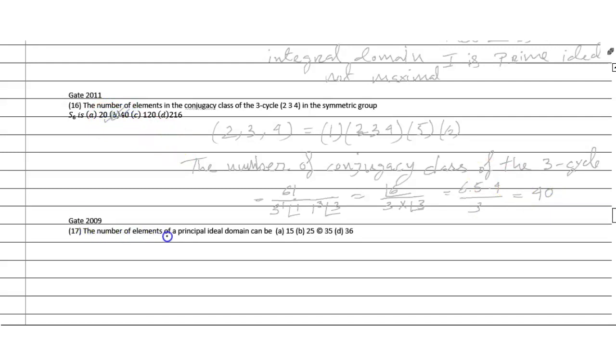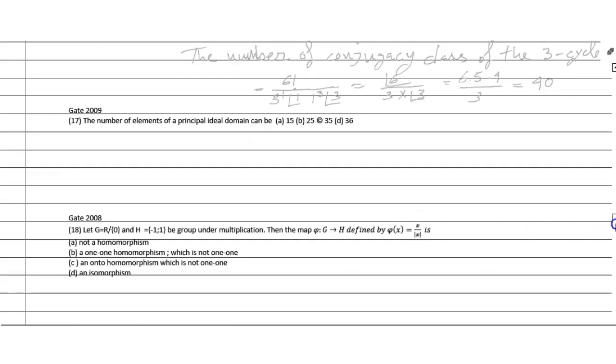Next problem is the number of elements of a finite principal ideal domain can be. So friends, the order of a finite field or principal ideal domain can be written as p to the power n.